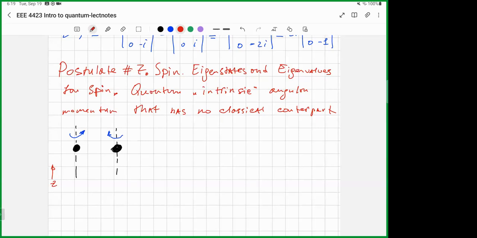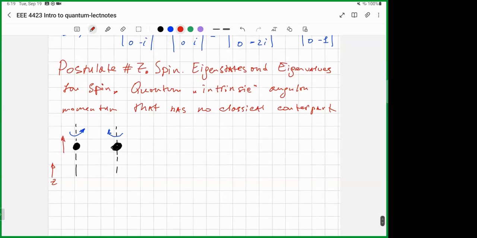When it rotates counterclockwise, I denote this by a vertical arrow s. This s stands for spin, and this arrow points the direction of this rotation.